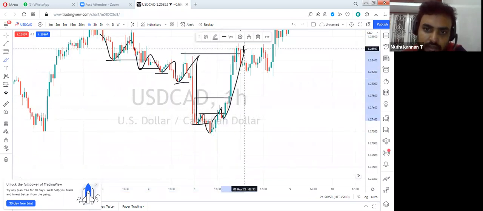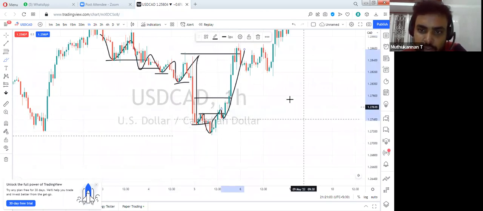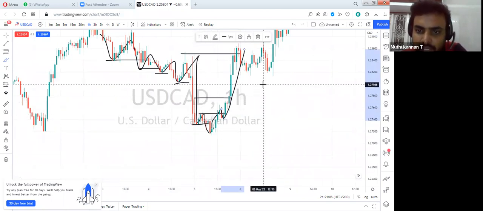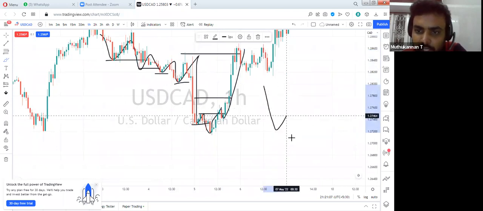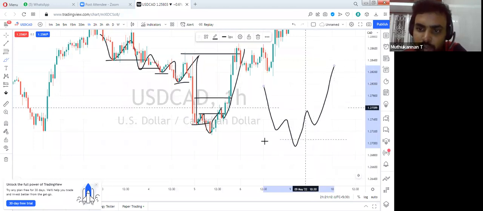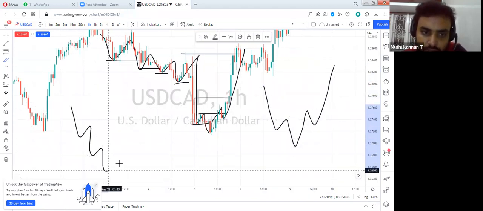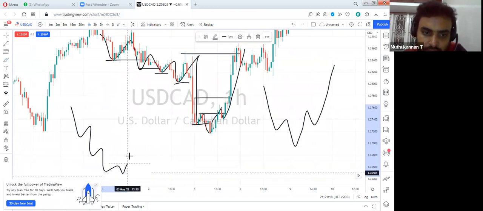And you are seeing upside movement like this. When you see this pattern, it can look like a head and shoulders, inverted head and shoulders. It will look like this.